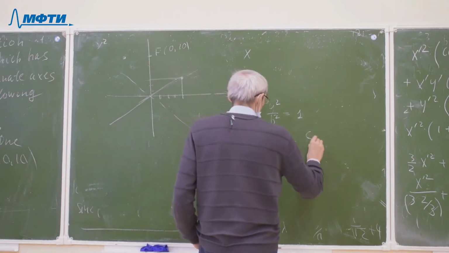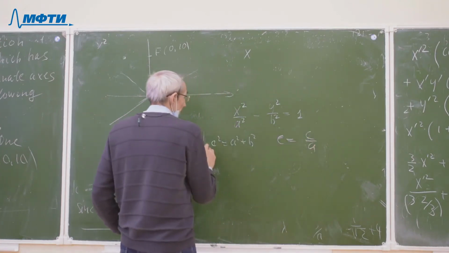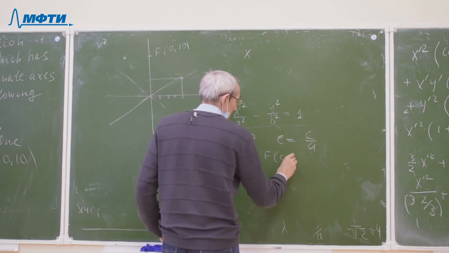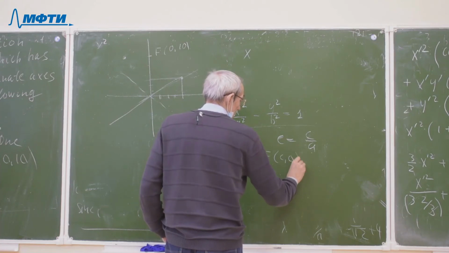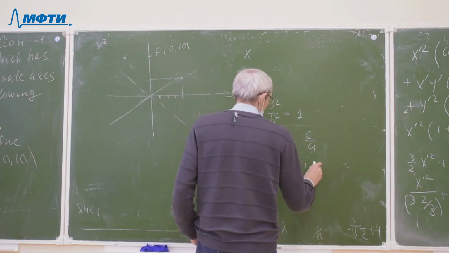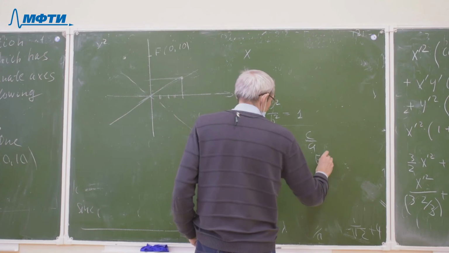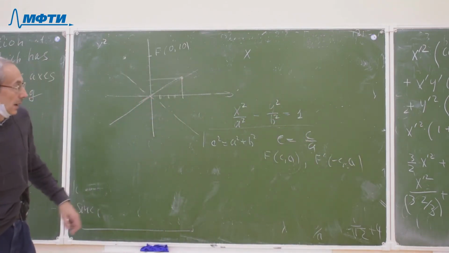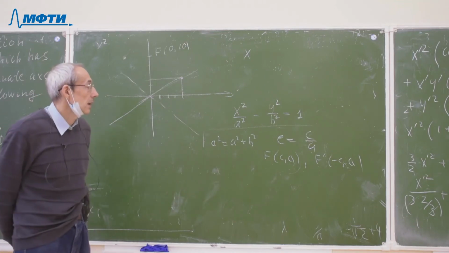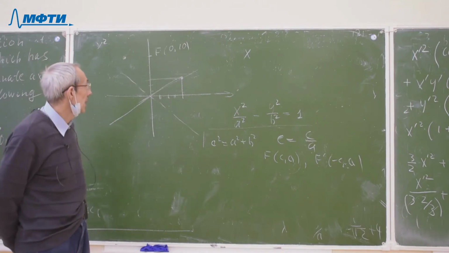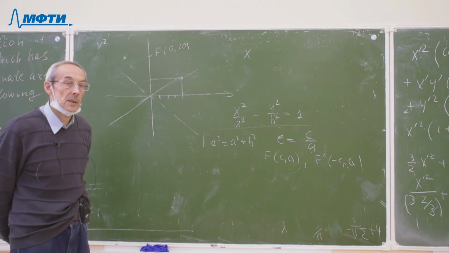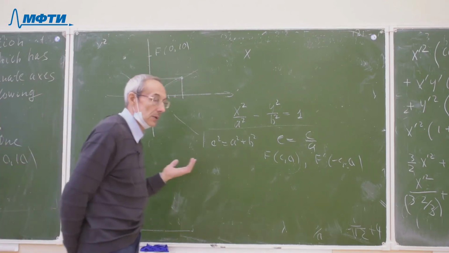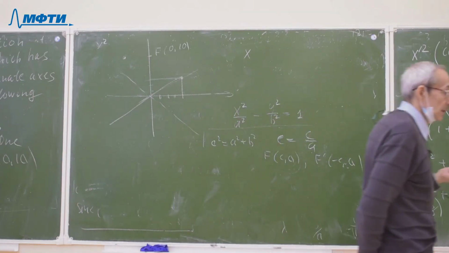Eccentricity is the ratio c over a. The foci have coordinates (c, 0) and (minus c, 0) in the case of the canonical equation. But in our case, we have no canonical equation.